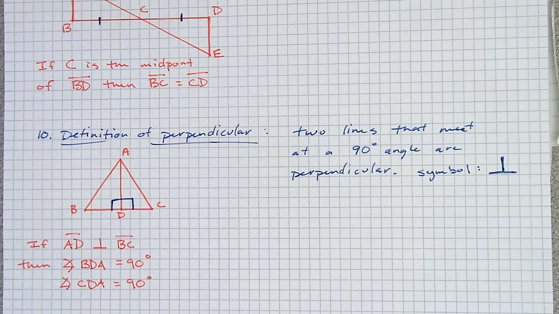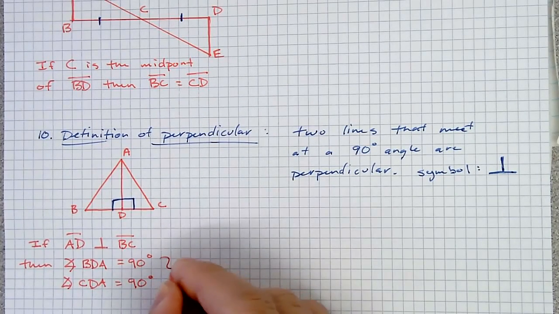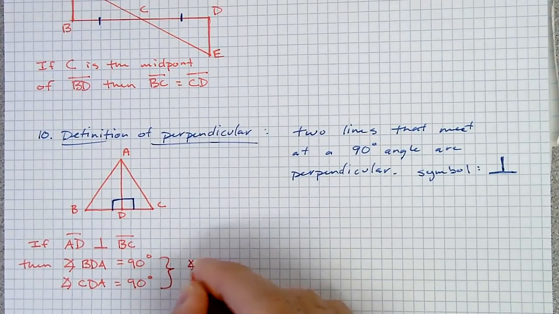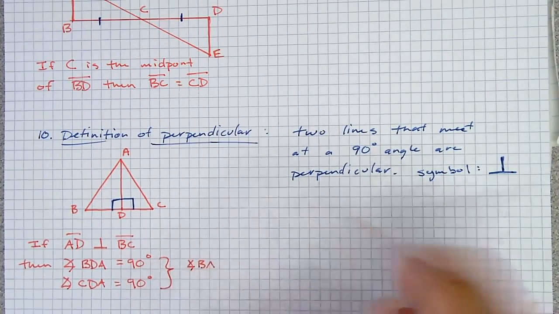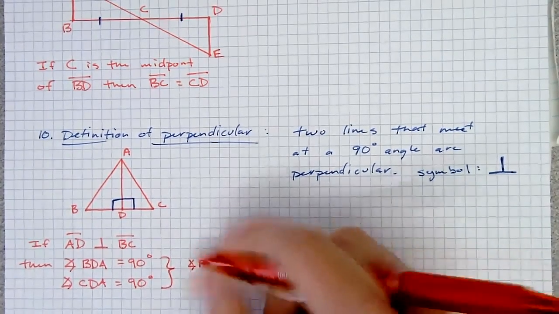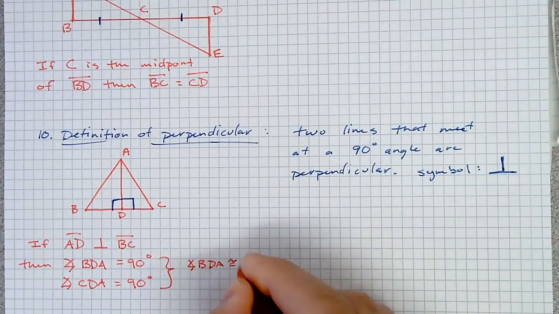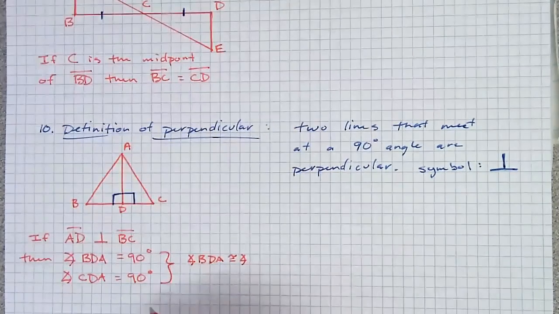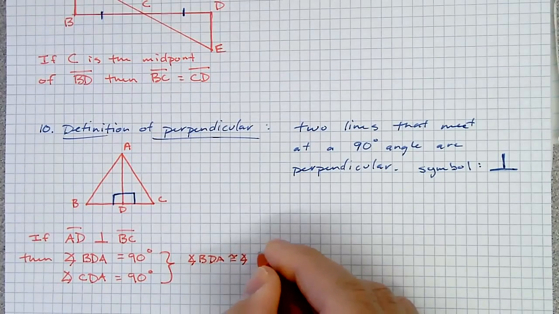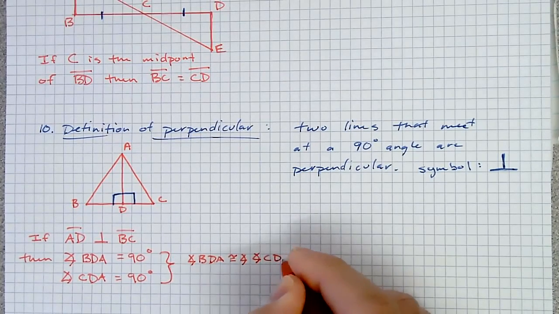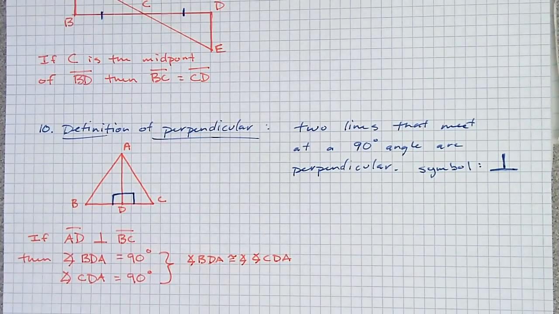And anytime you have a perpendicular line, it's going to create two 90-degree angles. And when it does that, you know you have two angles that are congruent. So if they both equal 90 degrees, then you know that they are equal to one another.